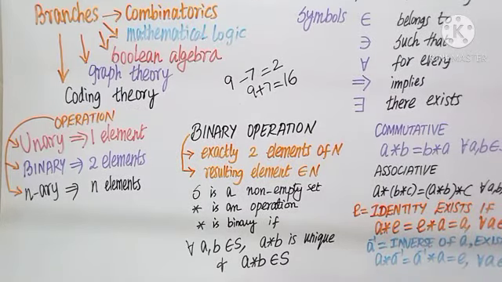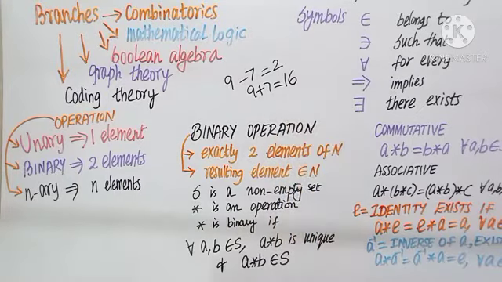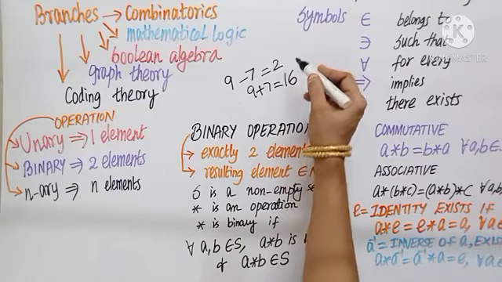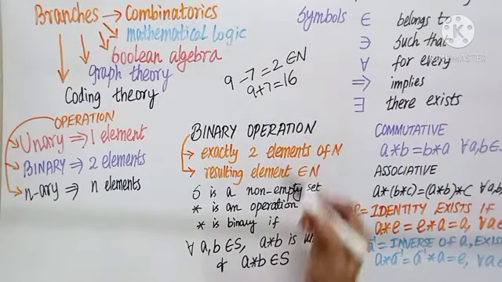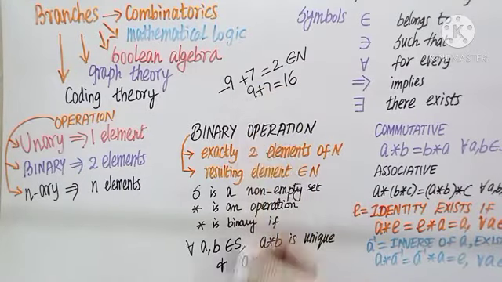Now the question is, suppose I give you addition in the set of natural numbers. Is it binary? Yes. I add two natural numbers. My answer is a natural number. But is subtraction binary in N? Of course, no. Because 9 minus 7, 2 belongs to N. But 7 minus 9, this is also subtraction only.